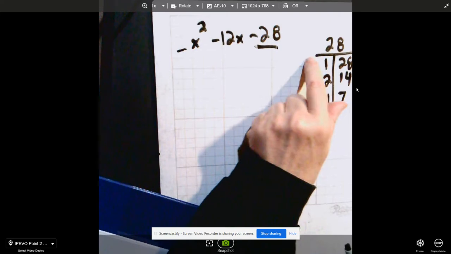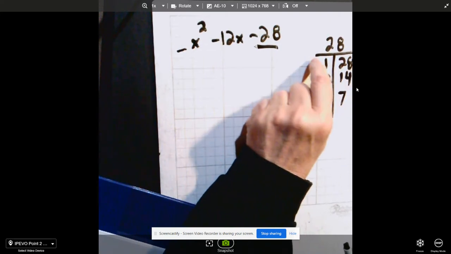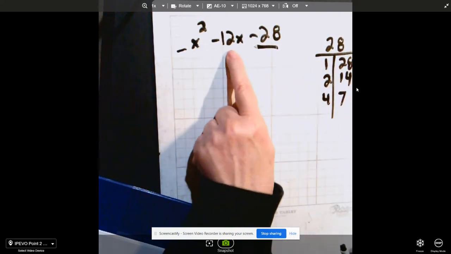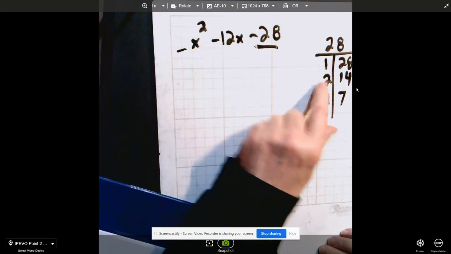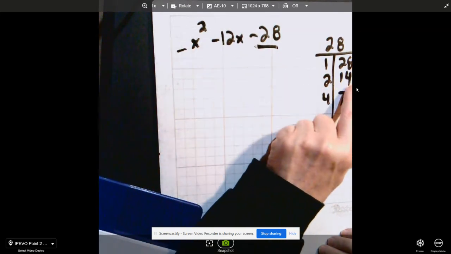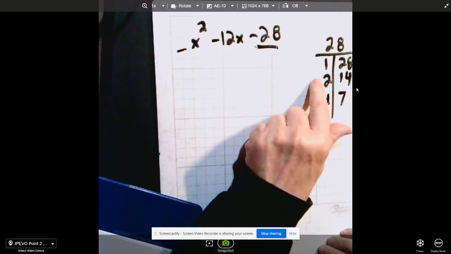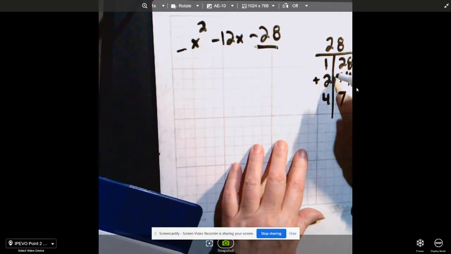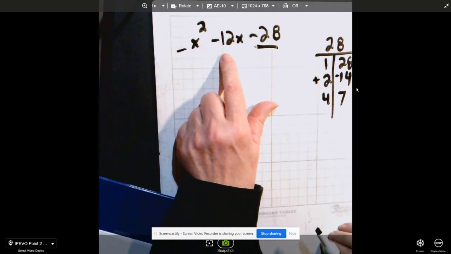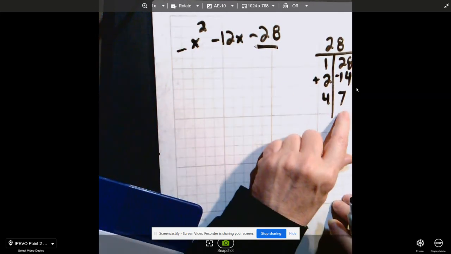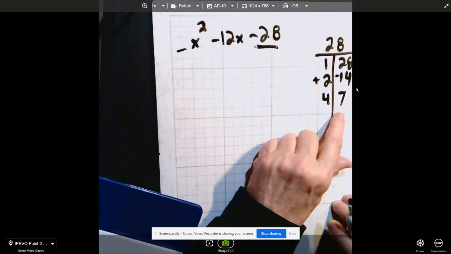1 and 28. Well, if I make either of these positive or negative, I'm never going to get to negative 12x. 4 and 7, 2 and 14. Well, if my 14 was negative and my 2 was positive, then I would get to negative 12. So that one could work. 4 and 7, if they were both negative, I'd only get to negative 11, so those aren't going to work.